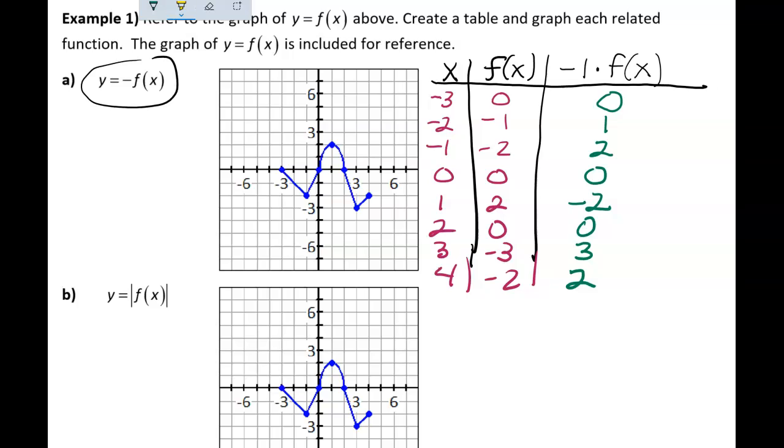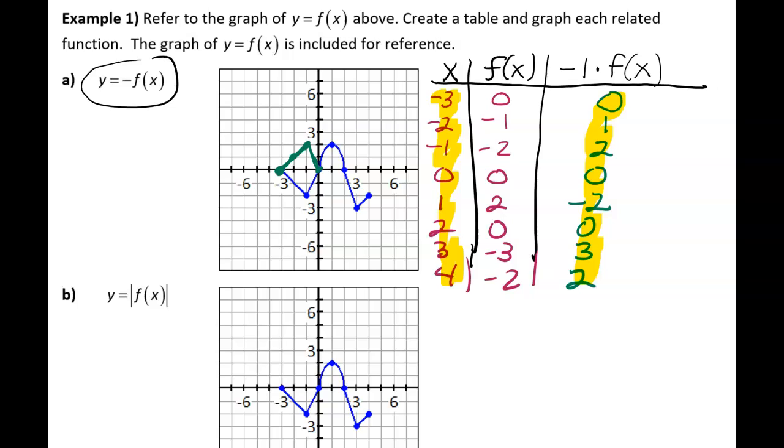Now we can graph each of those values. So we're using the x column here, and the y for the new function is in the right column. So those are our set of ordered pairs: -3, 0; -2, 1; -1, 2; 0, 0. Notice what's happened so far if we connect those points.